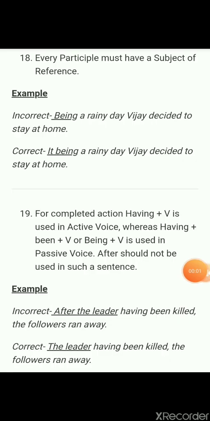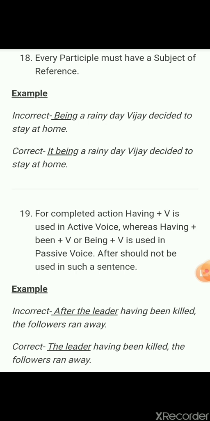Coming ahead with rule number 18, just look at that. Every participle must have a subject of reference. Participle, you know, is a verb-based form. Look at the sentence and you will understand. Incorrect: Being a rainy day, Vijay decided to stay at home. Correct: It being a rainy day, Vijay decided to stay at home.